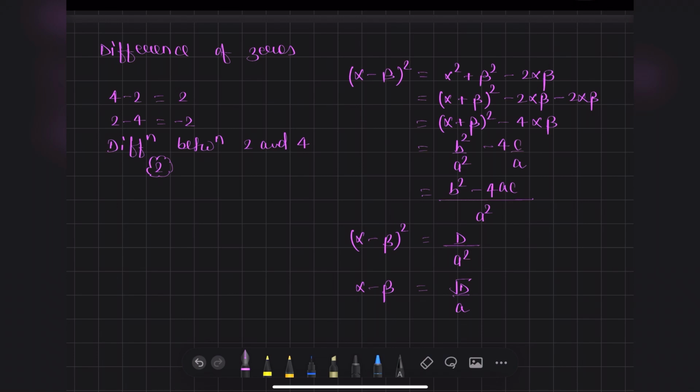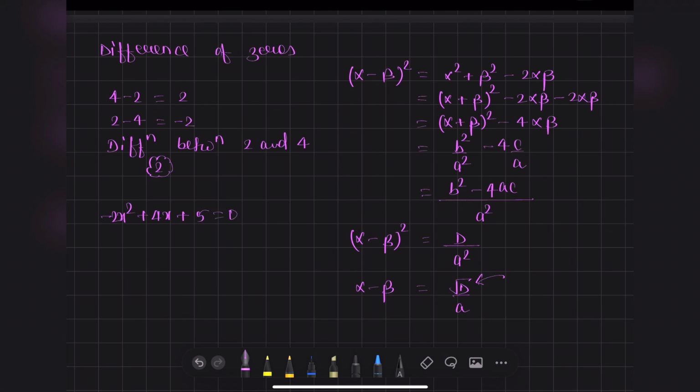Why? Try to understand. You can manage this root D, you can fix this to be positive, but you cannot decide that they will provide you a as the leading coefficient as positive only. There is a chance that they may ask you about something like minus 2x square plus 4x plus 5.